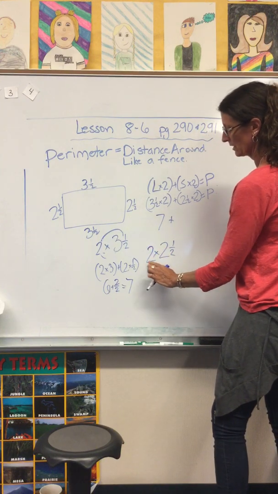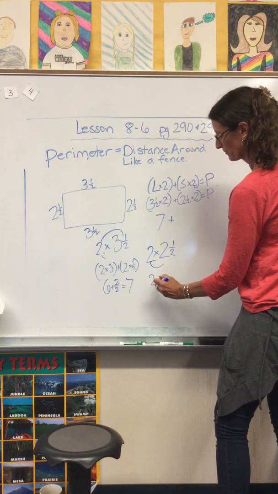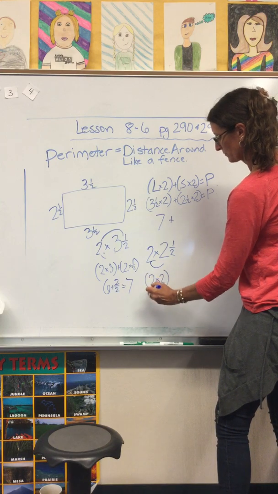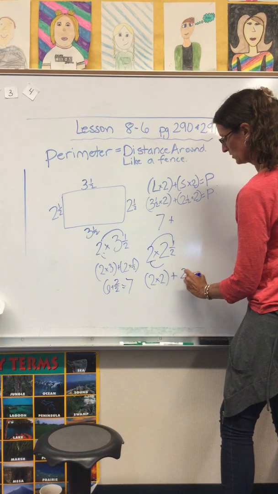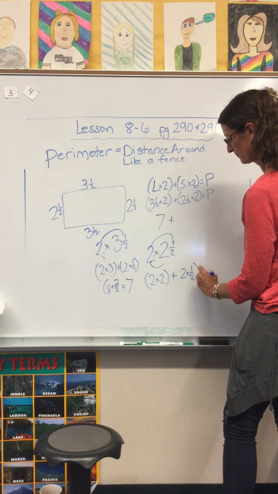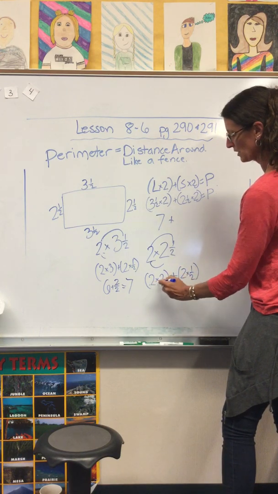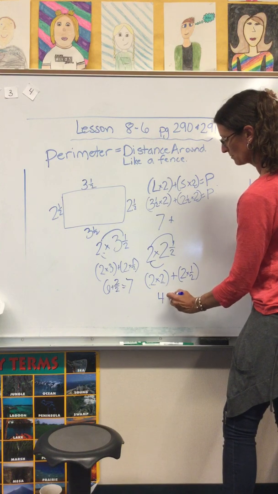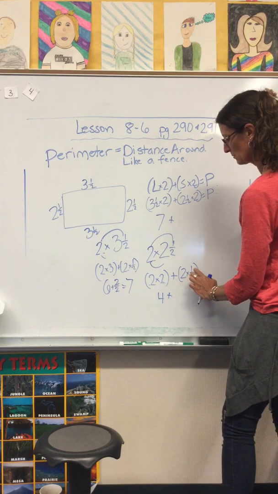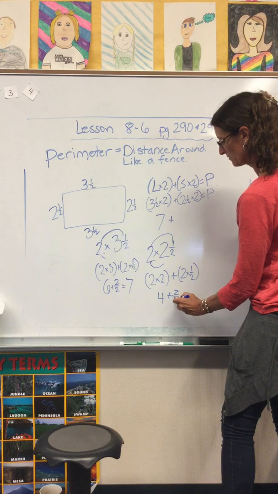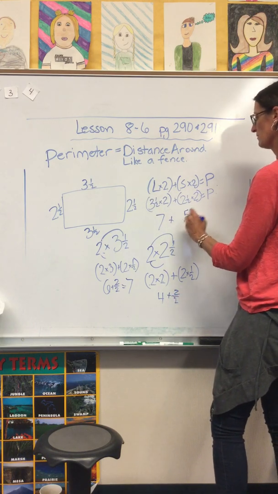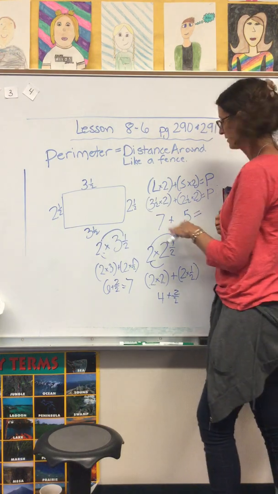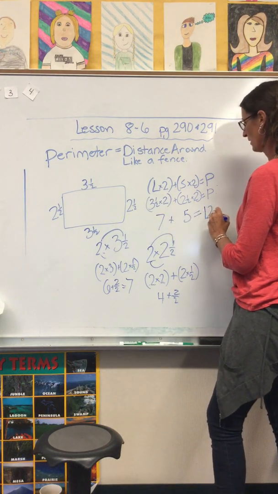So now it's 2 times 2 plus 2 times 1/2. So 2 times 2 is 4 plus 2 times 1/2 is 2 halves or 1 whole. So 4 plus 1 whole is 5. So our perimeter here is 12.